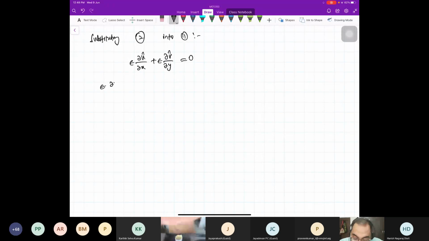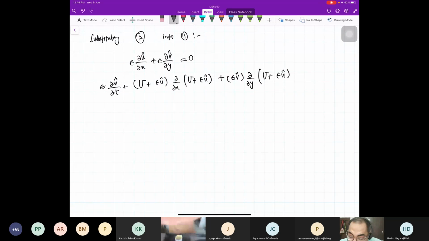Epsilon del u hat by del t plus capital U plus epsilon u hat del by del x of capital U plus epsilon u hat plus v. V is nothing but epsilon v hat del by del y of capital U plus epsilon u hat. This is my left hand side of the equation.